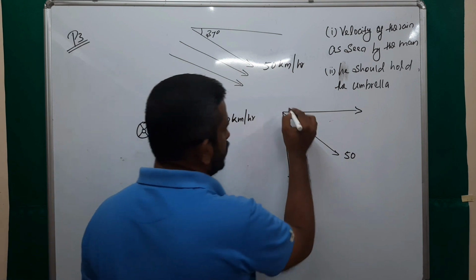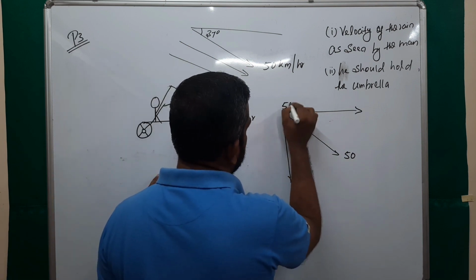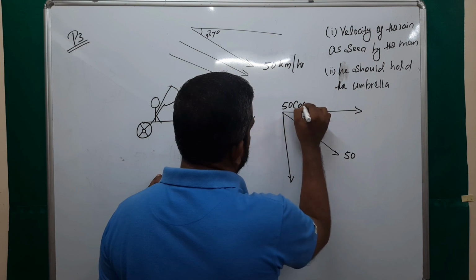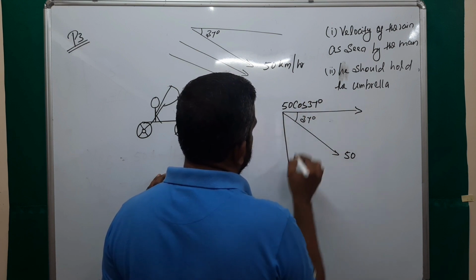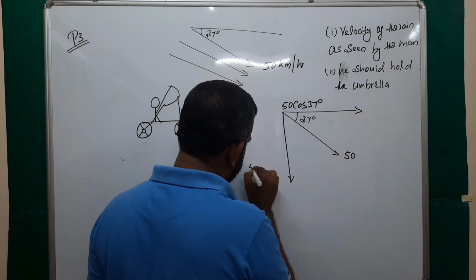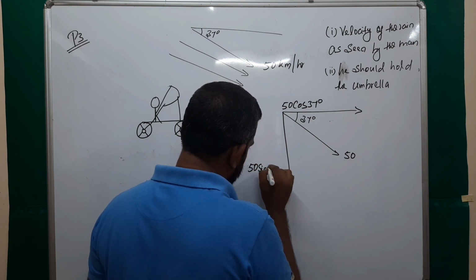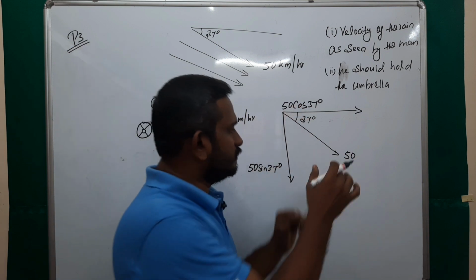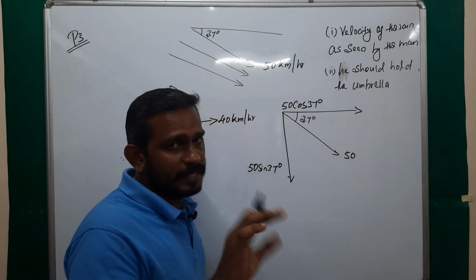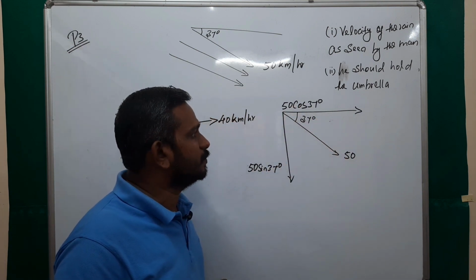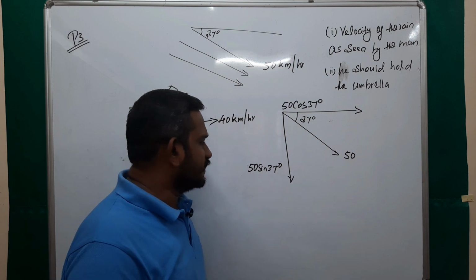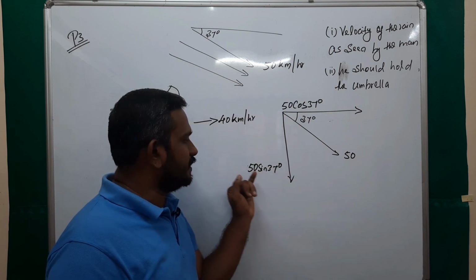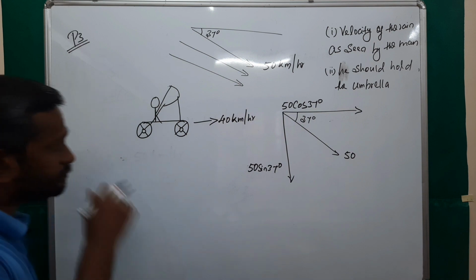This component is 50 cos 37 and this component is 50 sin 37. The side which is closer to the angle is the cos component, and the other is the sin component.